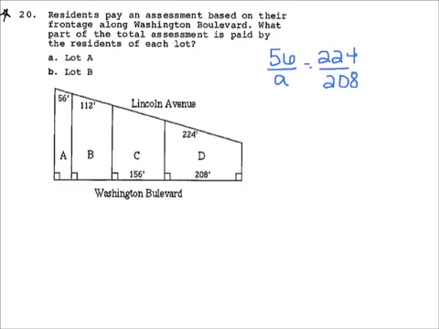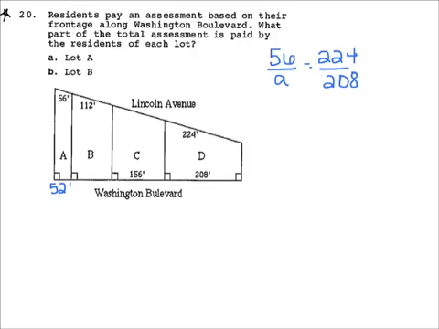I'm going to cross multiply and divide all at one time. I end up with 52. So this footage here is 52 feet in lot A.